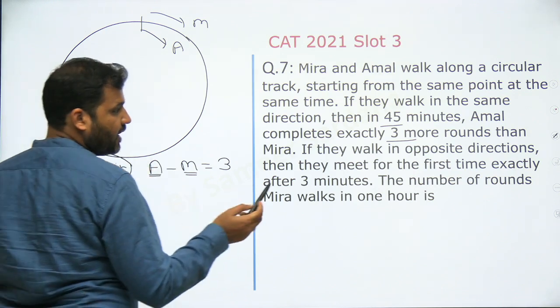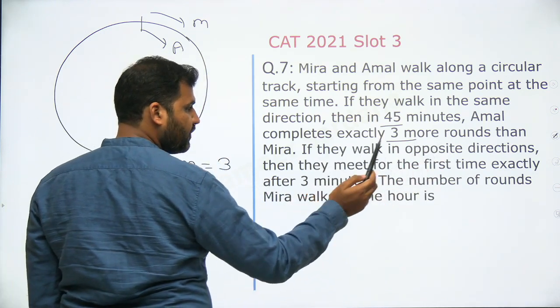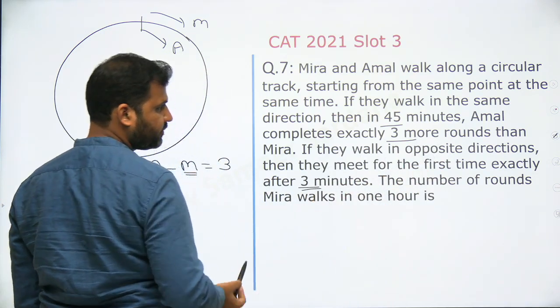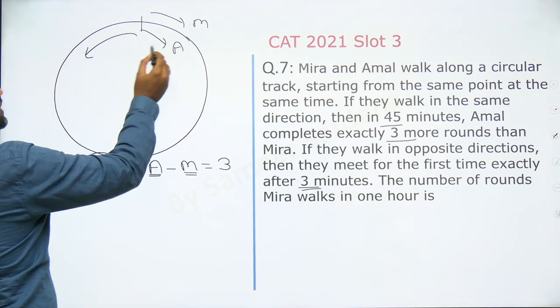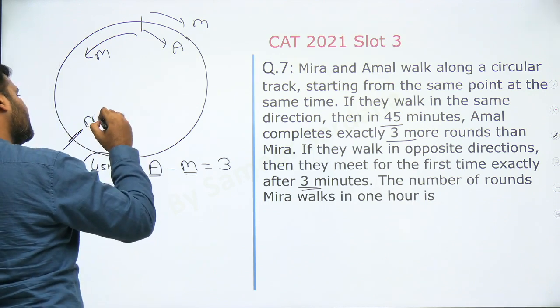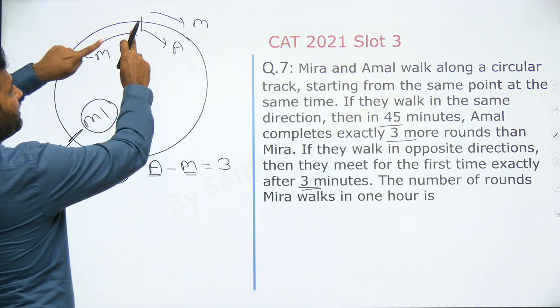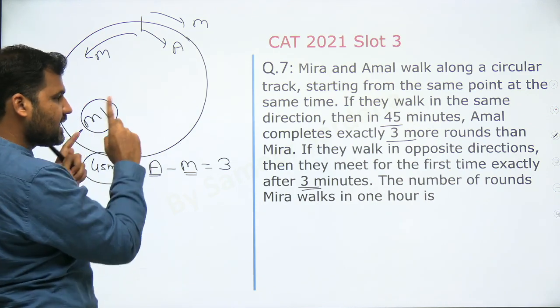The question says that if they walk in the opposite direction, they meet for the first time exactly after 3 minutes. So guys, you see that if they are moving in the opposite direction, Amal and Meera both are moving, and whenever they meet for the first time, they will be meeting only when they are completing 1 round together.